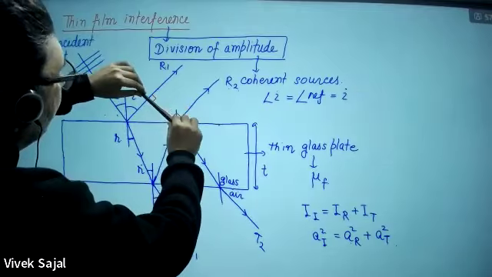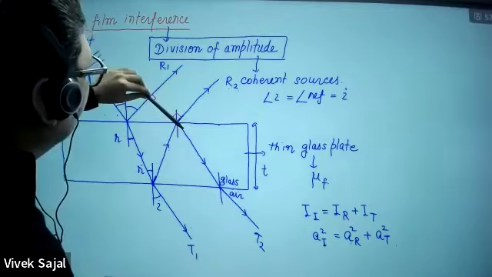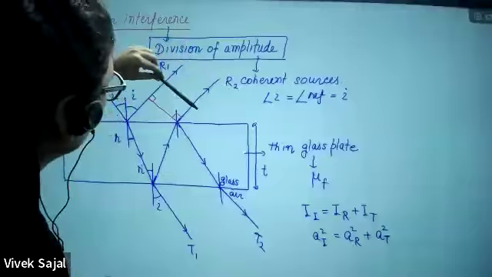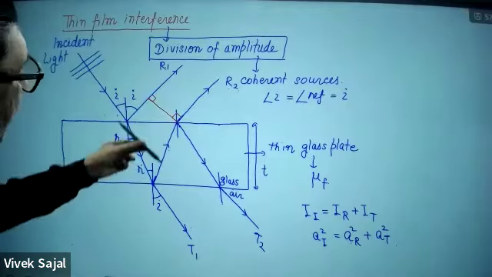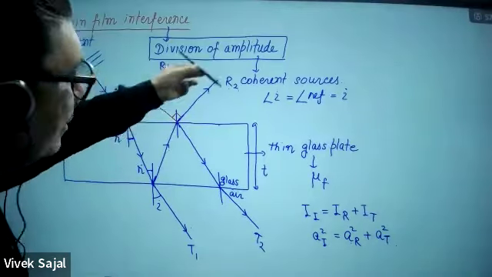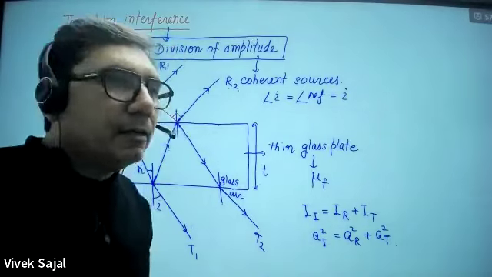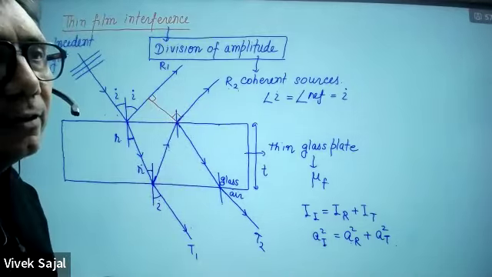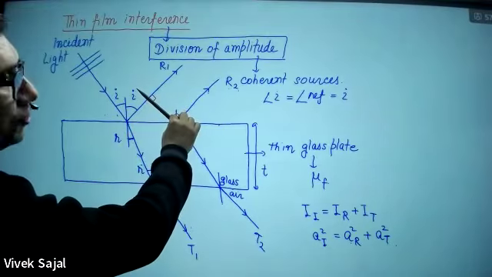After this red line, both R1 and R2 are traveling equal distances. So whatever path difference is there, that is before this line. I draw a perpendicular here so that I can justify that after this line, R1 and R2 are traveling the same distances in air. So this path and this path are not going to create any path difference or phase difference. So whatever path difference or phase difference is there, that is up to this point.